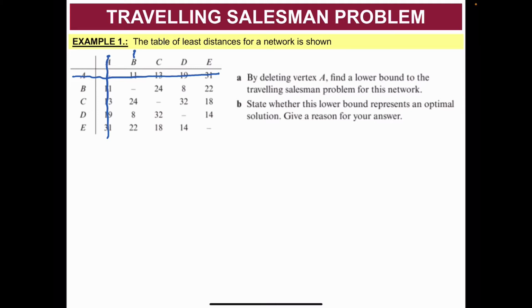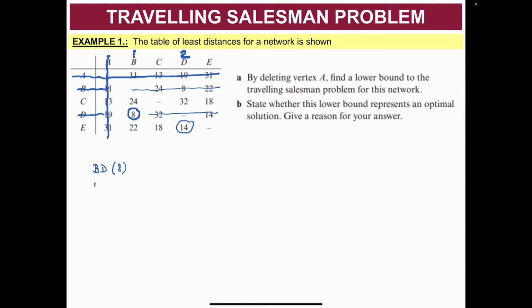That means the smallest number is 8. That gives me BD. BD is my first arc, and then D will be my second column, and I can delete B and I can delete D as well. I'm looking at B and D. The smallest number is 14.